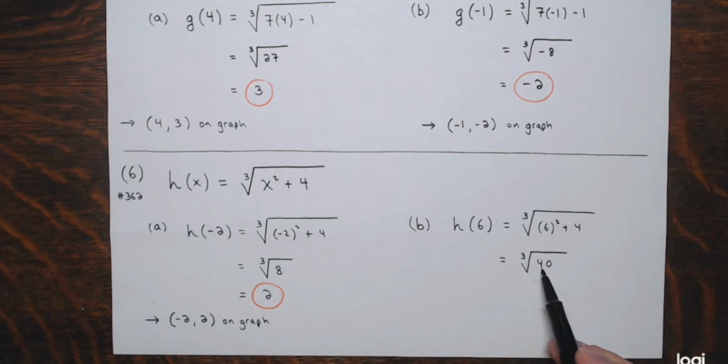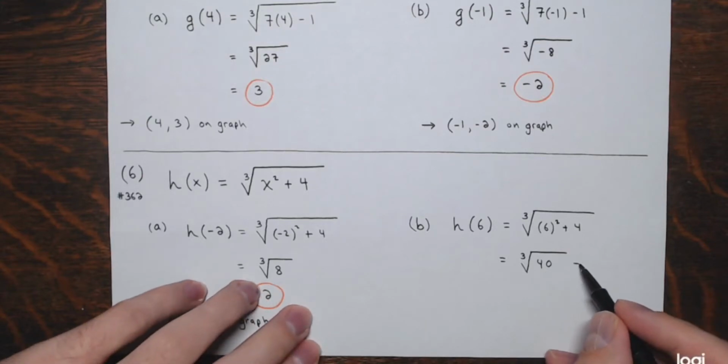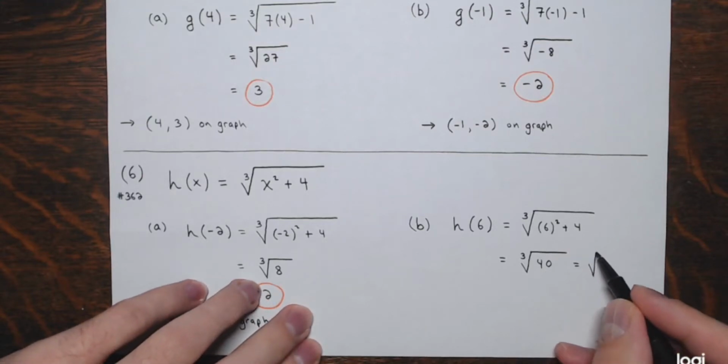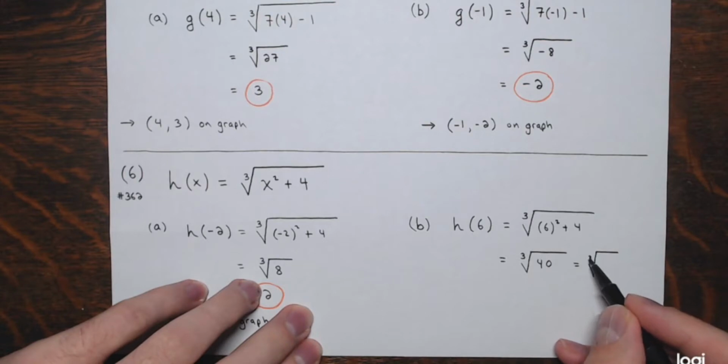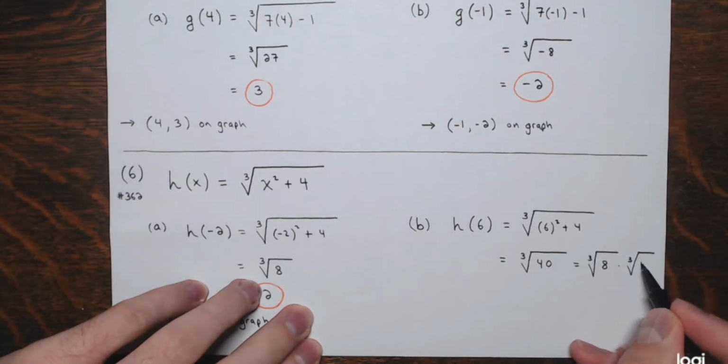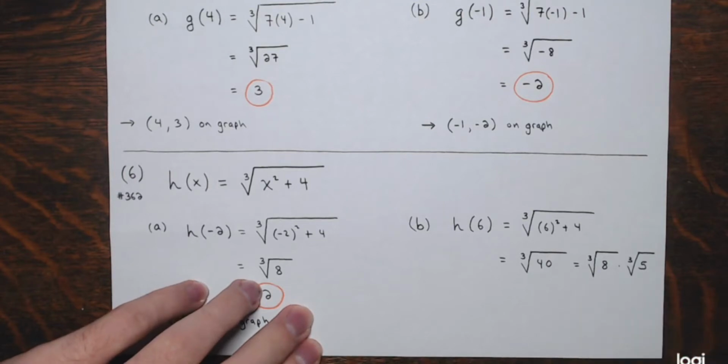The cube root of 40, think of perfect cubes that go into 40 evenly. Well, 8 goes into 40 evenly. 8 is a perfect cube. It's 2 cubed. So this is the cube root of 8 times the cube root of 5 using the product property for radicals. And so we end up with 2 times the cube root of 5 when it's totally simplified.